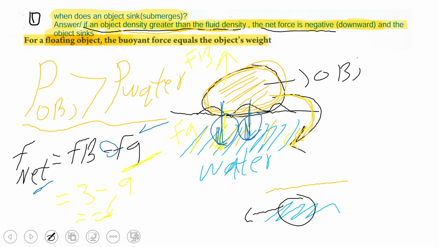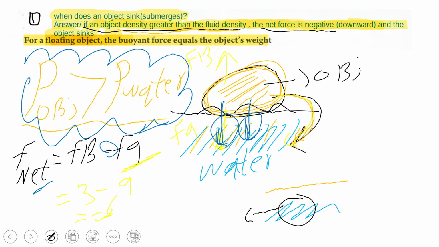So in general, an object can go under the water, sink or submerge, when the density of the object is greater than the density of the fluid, or in other words, the object has more mass, or greater weight compared to the water. And that's the first question.